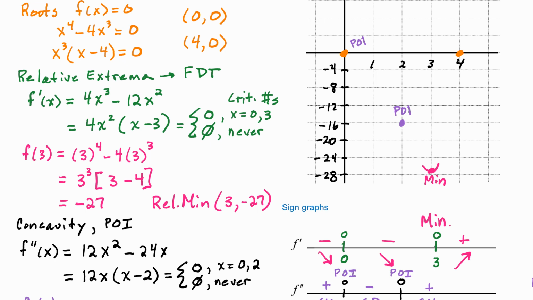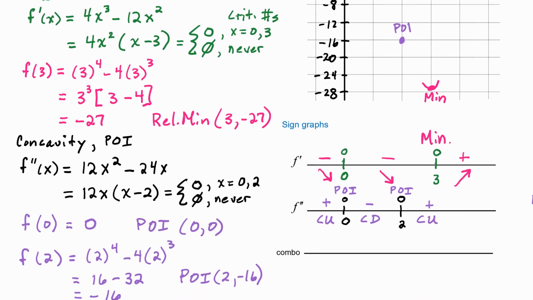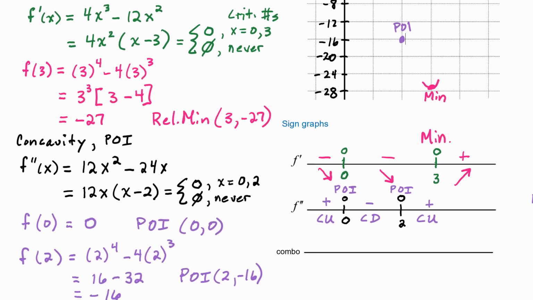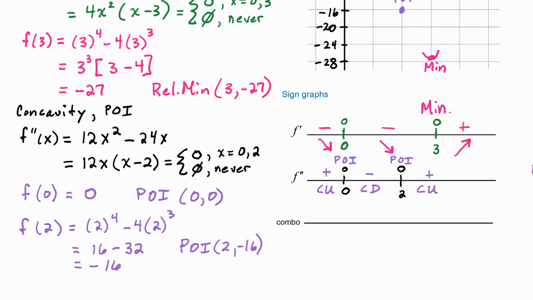Now, one of the things that I suggest you do to start drawing your graph and figure out how these points are going to all connect is to make what I call the combo graph. So what I suggest you do on the combo graph here is put any x value that appears on either the sine graph for f prime or f double prime.